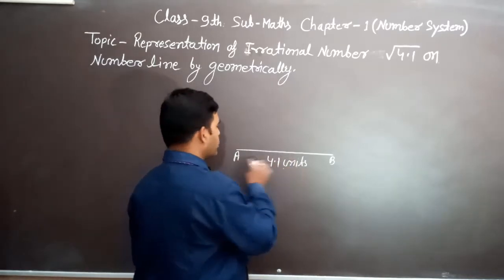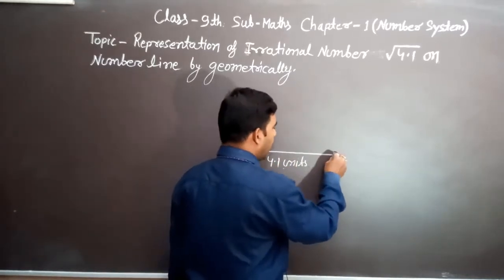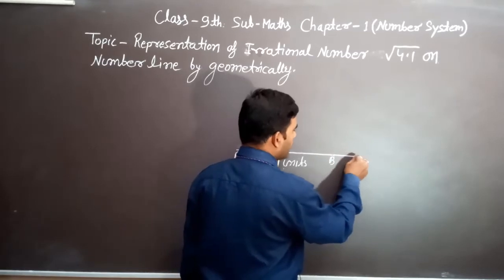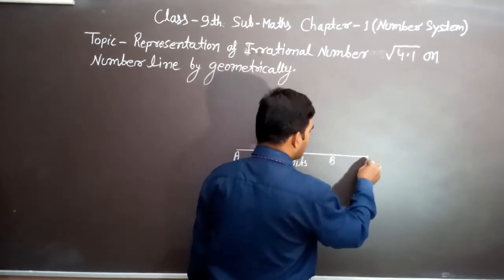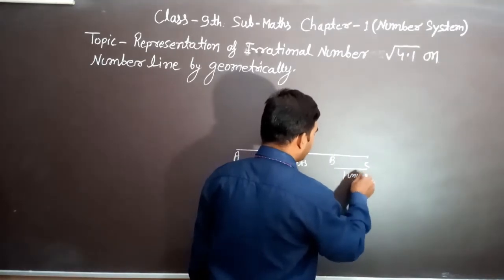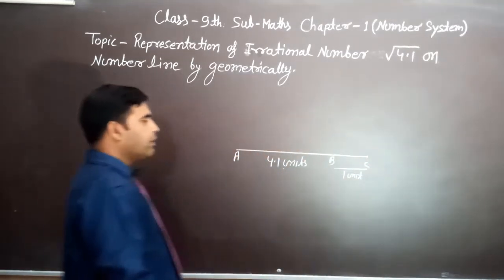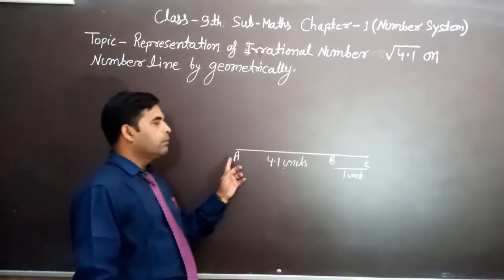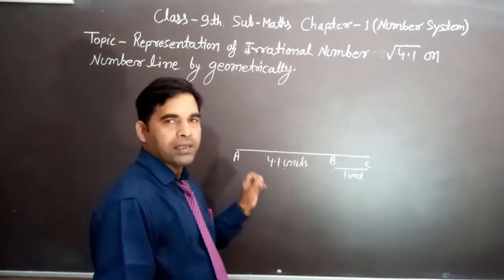Now we produce AB to point C such that BC is equal to 1 unit. After that, we find the perpendicular bisector of AC.